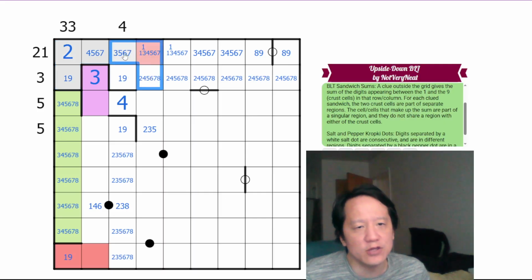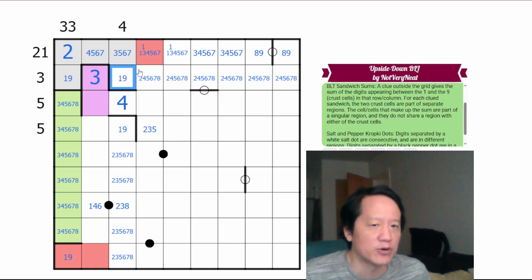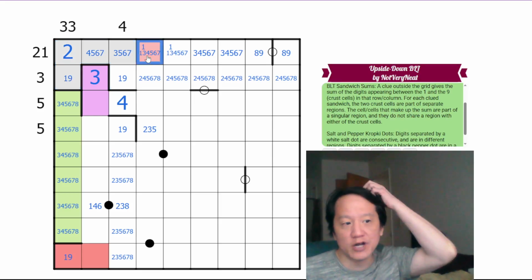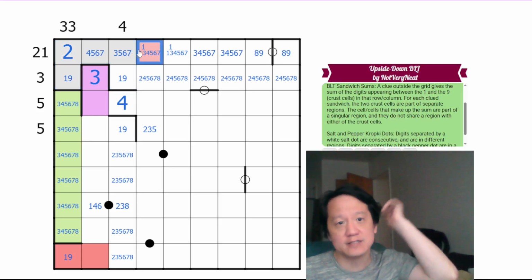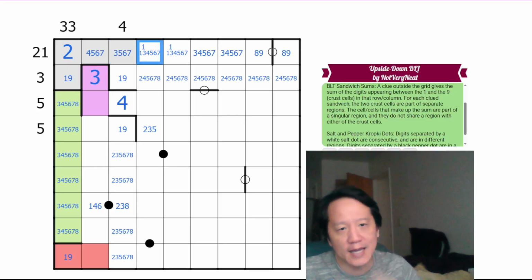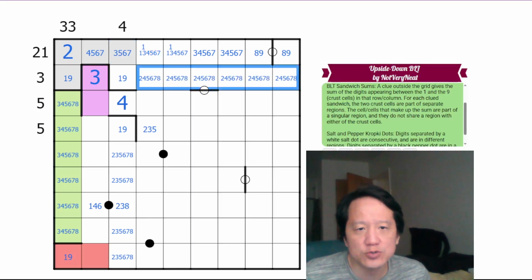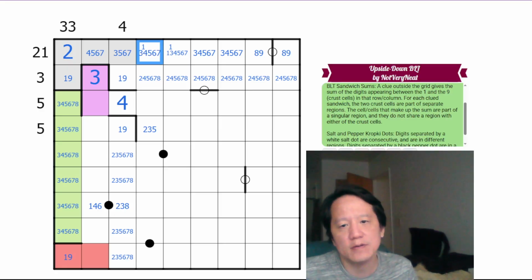This would just have to be part of that region. And then we have a 1, 9 pair here with a 1 guaranteed in that cell. So that cannot be the actual 1 then. So 1 has to be here.